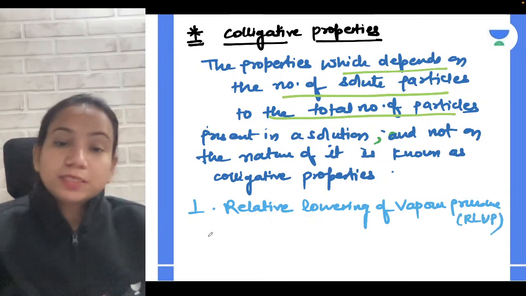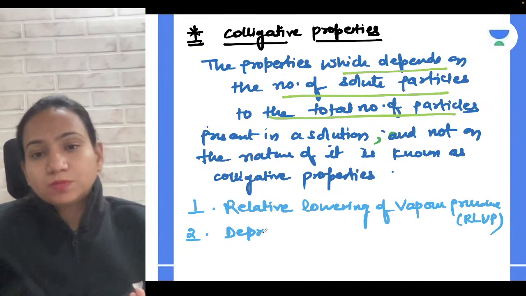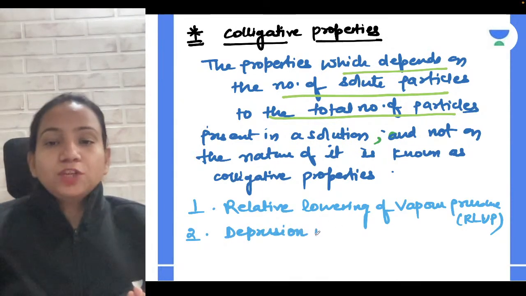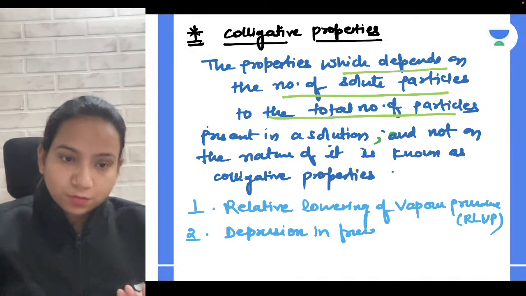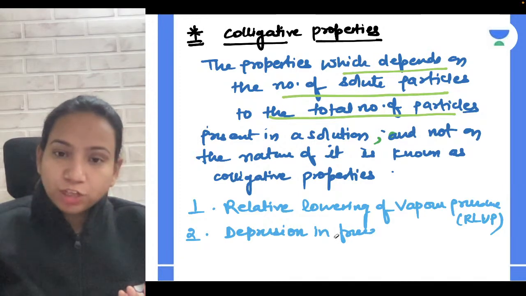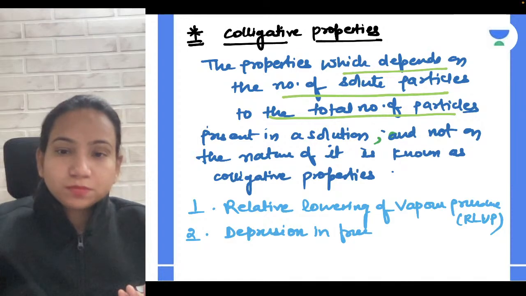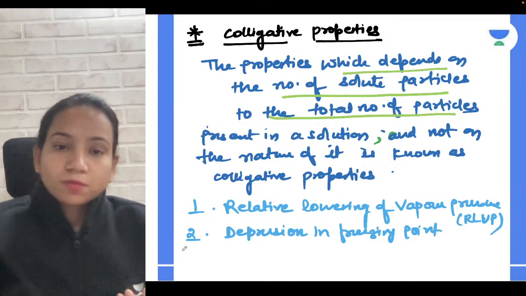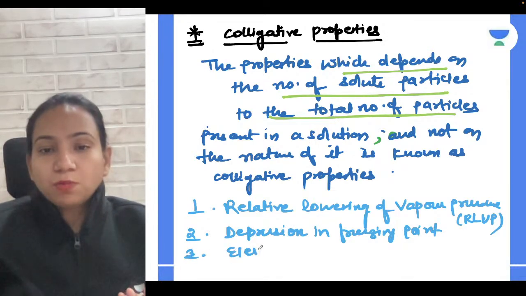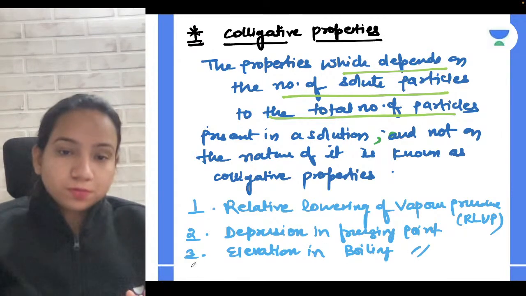The second one is depression in freezing point, the third is elevation in boiling point, and the fourth, last but not the least, is osmotic pressure.